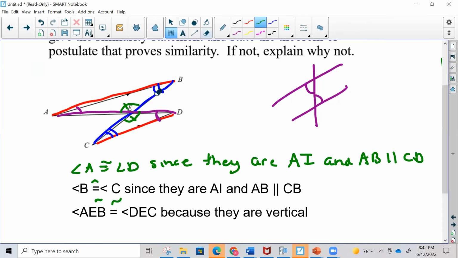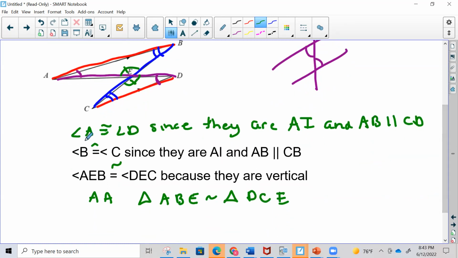So the postulate, the reason that they're similar, is angle-angle. And then the similarity statement, I would have triangle ABE is similar to triangle. Okay, so A went with D, so I'm going to start with D. B went with C because they have the same markings, and then E went with itself. And that's the similarity statement.